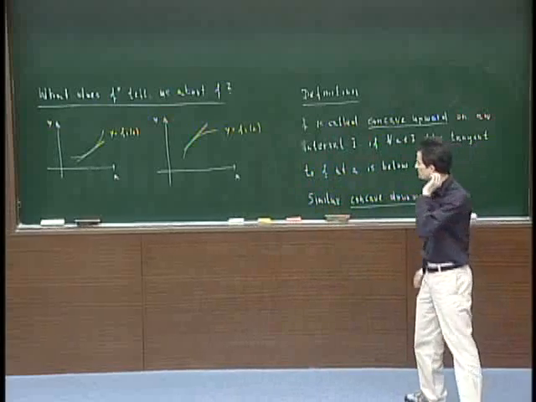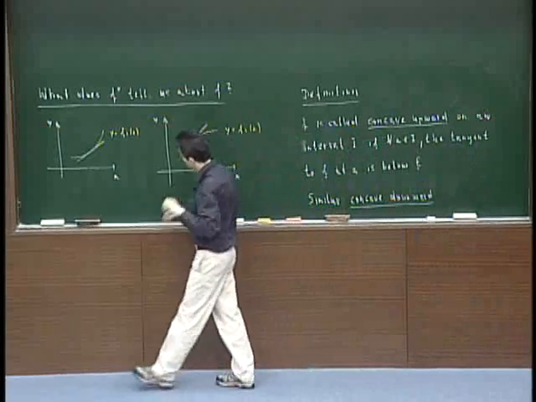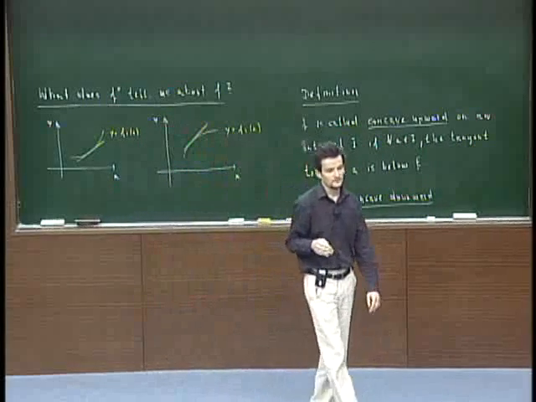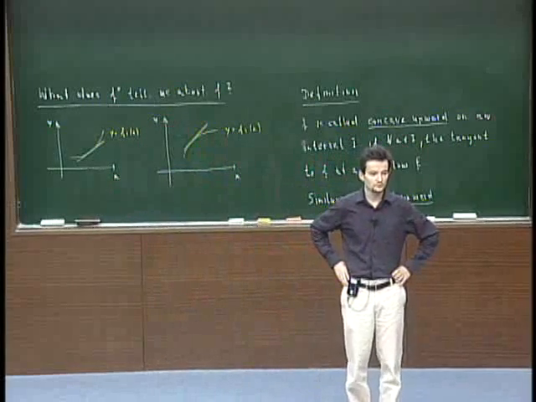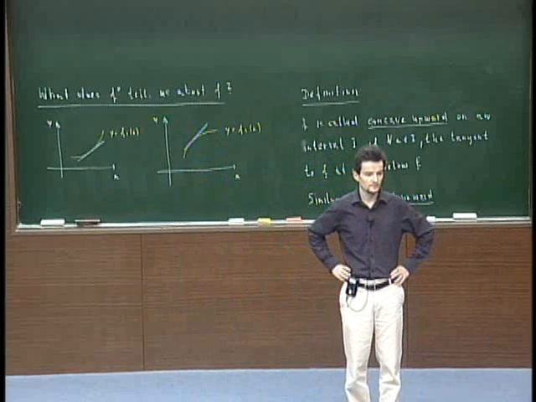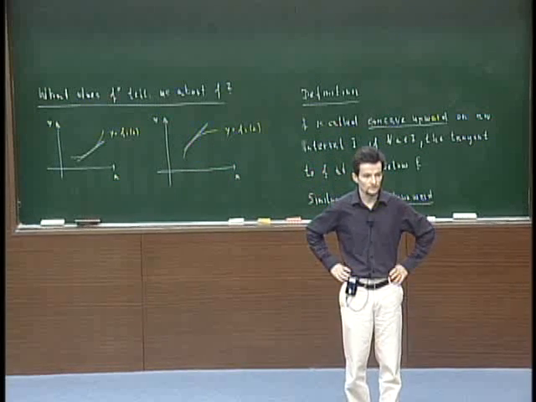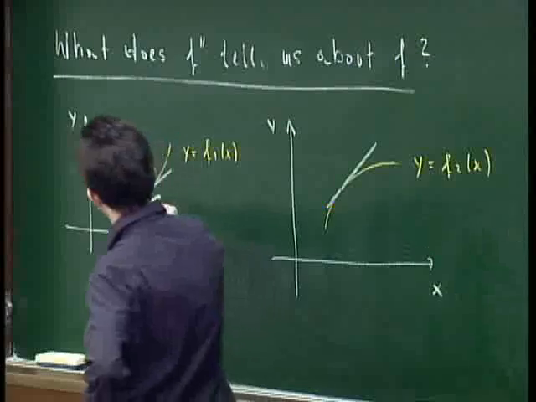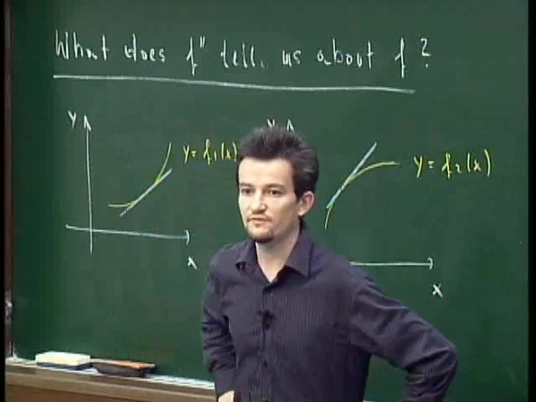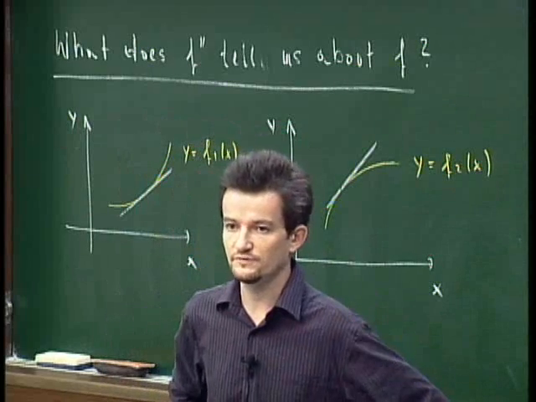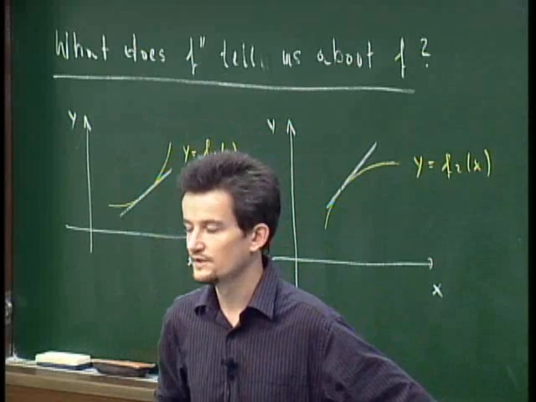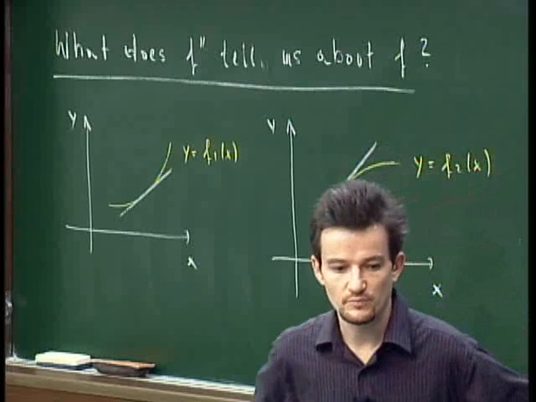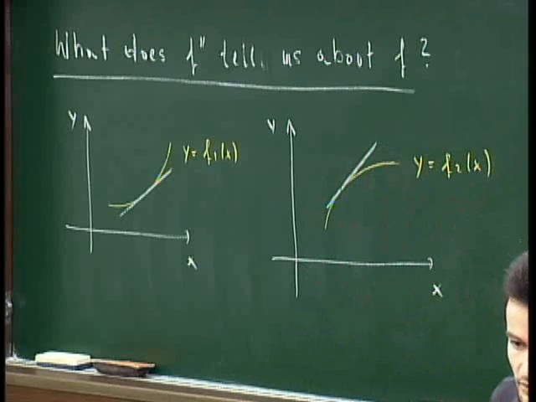Because the slope of the tangent is given by the first derivative, the first derivative should be increasing, or in other words, the second derivative is larger than 0. So from the second derivative, you should be able to conclude whether a function is concave upward or concave downward. If the second derivative is larger than 0, the function should be concave upward. If the second derivative is smaller than 0, the function is concave downward.